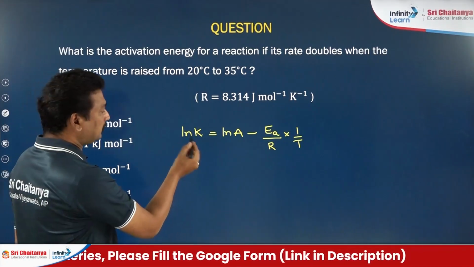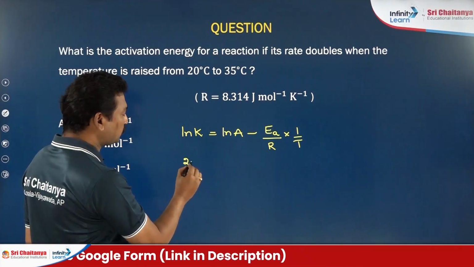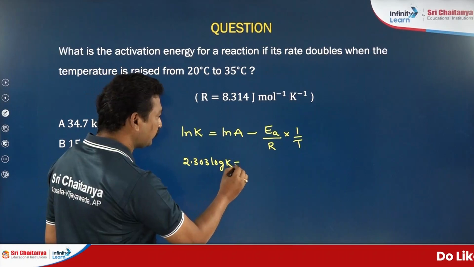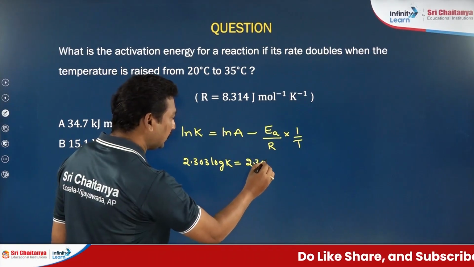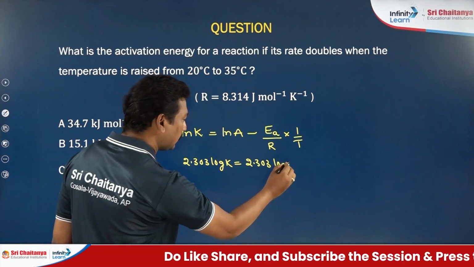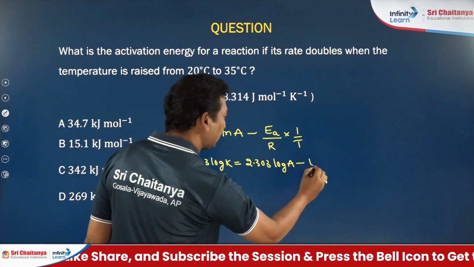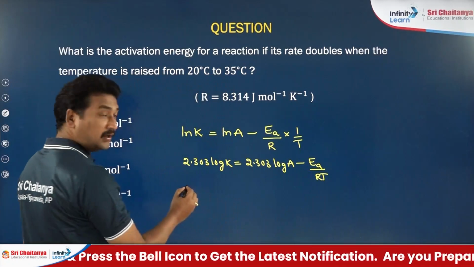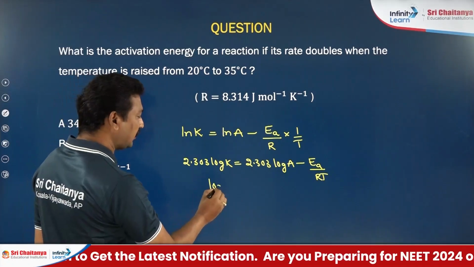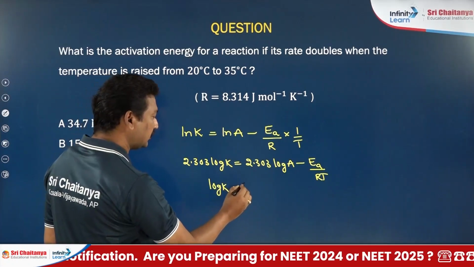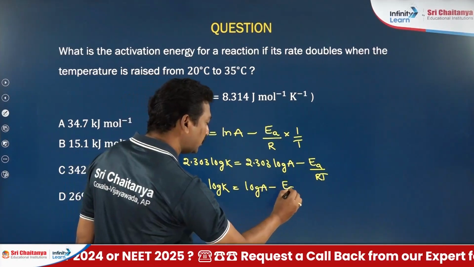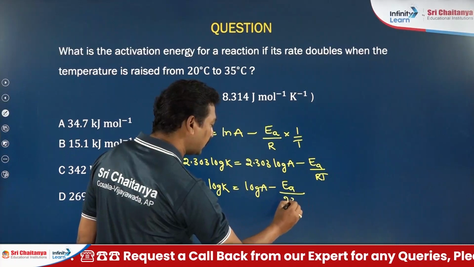Right? So, making it into normal form, 2.303 log K is equal to 2.303 log A minus EA by RT. Dividing with 2.303 on both sides, we can have log K is equal to log A minus EA by 2.303 RT.